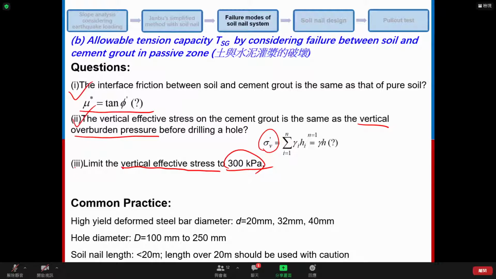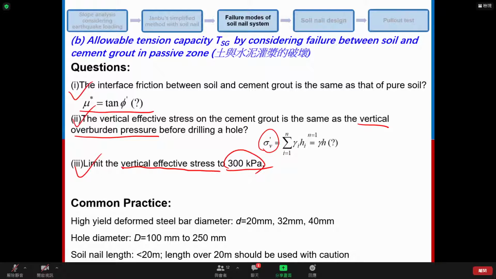Here, the reason we discuss this question is to help you understand some of the mechanism behind it. All the equations in the design code have some certain reason, based on certain assumptions or simplifications, which means there must be some limitation for that equation in the design code.